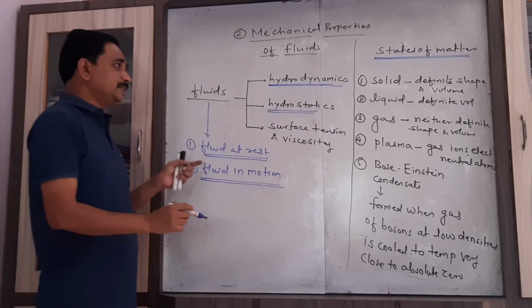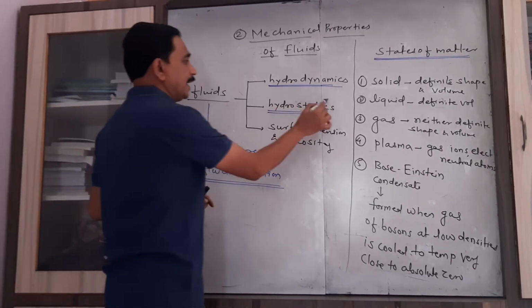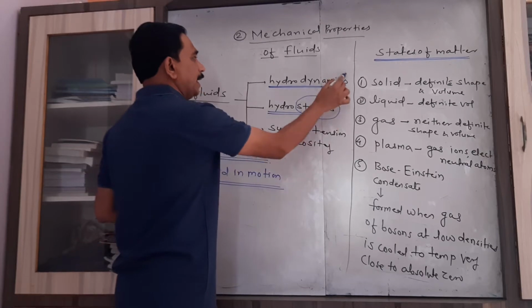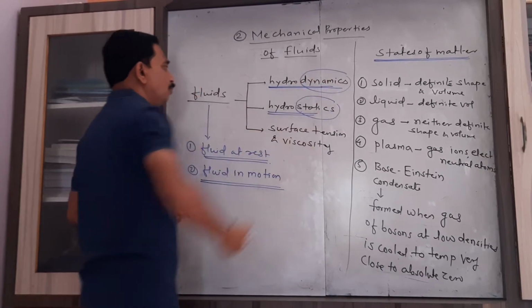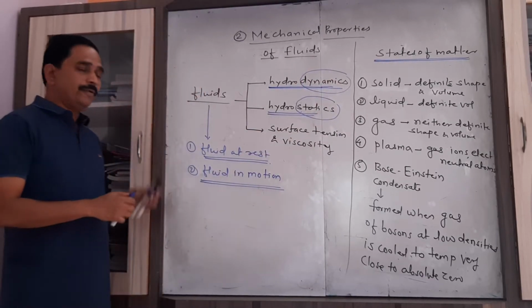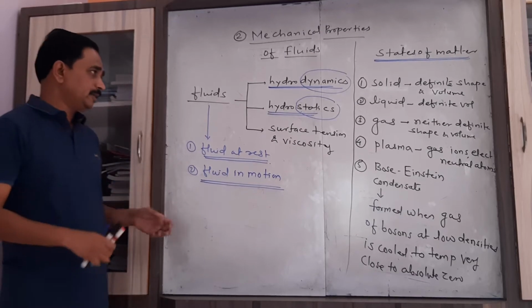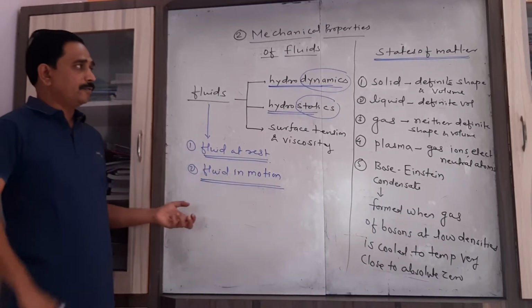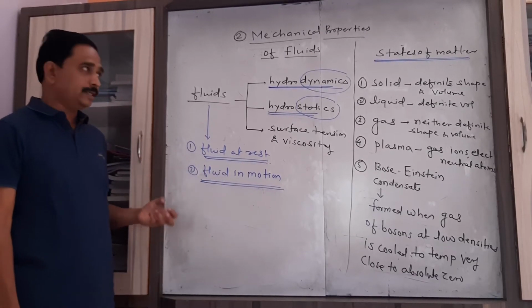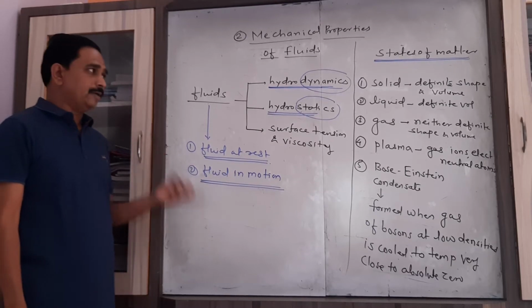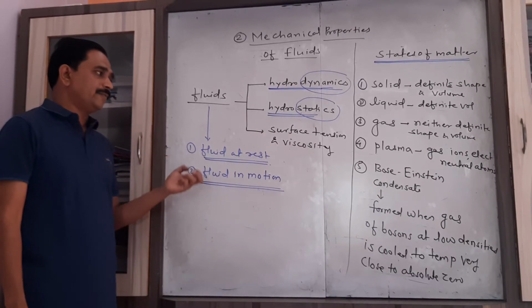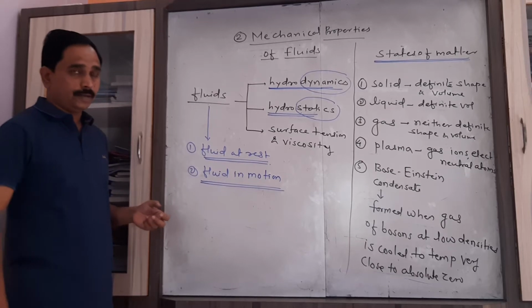The word itself gives its meaning. Static means rest and dynamics means in motion. That is, we have to study the properties of fluid in three parts: hydrodynamics, hydrostatics, and surface tension and viscosity.